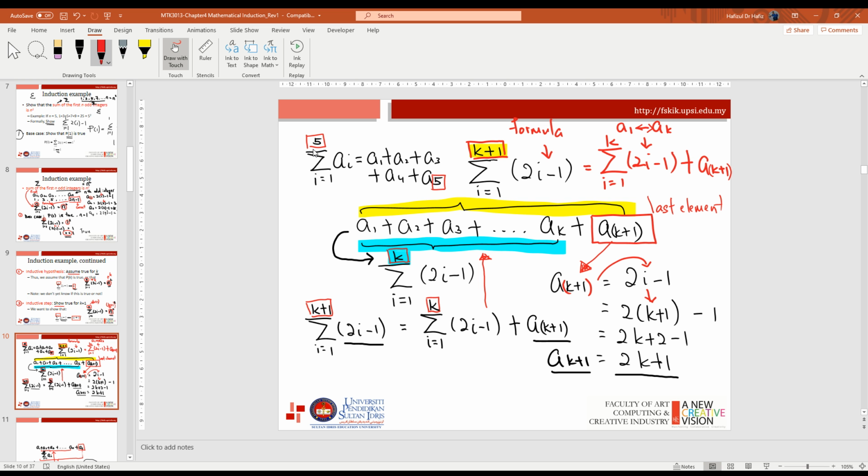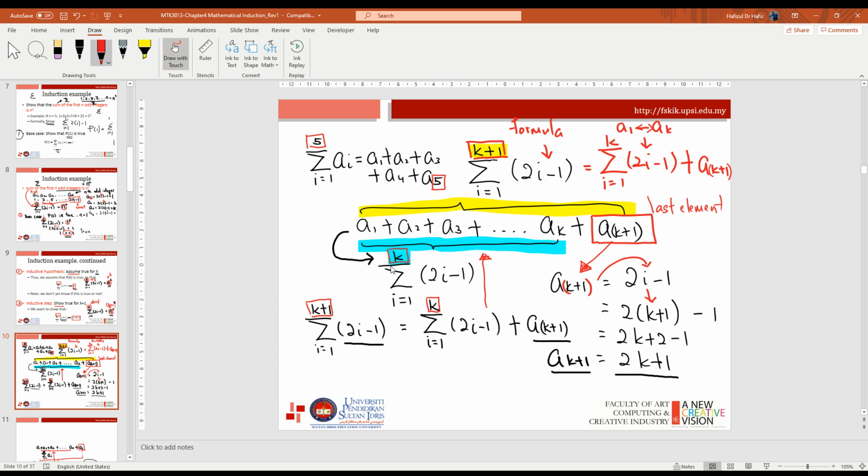So by replacing the k, we have 5, so we have a1, a2 until a5, because the maximum is 5. And then for the formula, we replace k plus 1, the total sum of i equals 1. This term formula is equivalent to the sum of k of 2i minus 1 plus a(k+1).